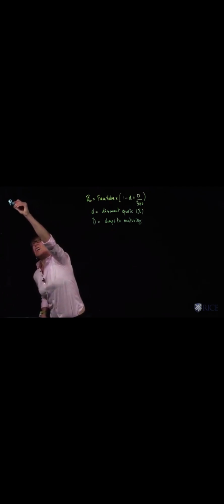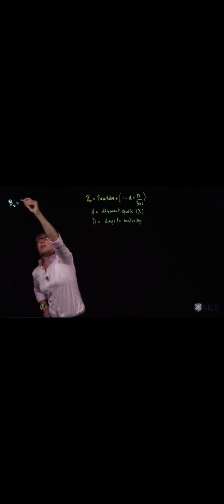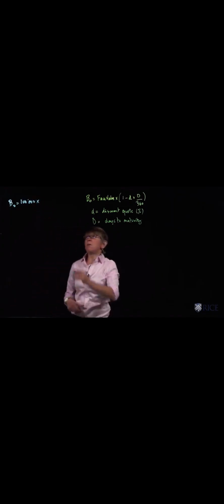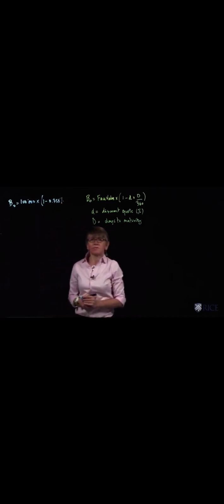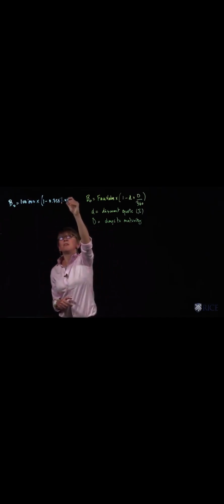Okay, so I'm going to find the implied price for this treasury. I'm going to take the face value, multiply it by 1 minus the quote, which was 0.358%, times 86 over 360.